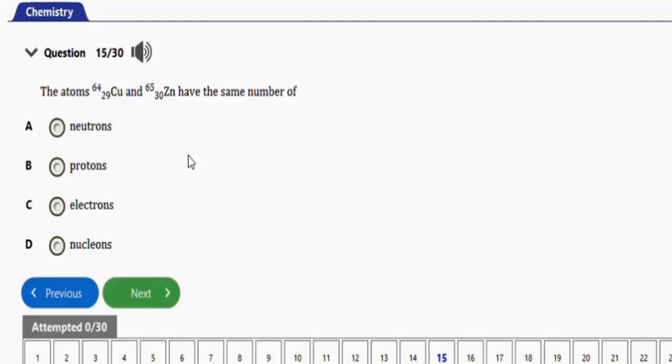Because when you subtract 30 from 65, you're going to have 35, and when you subtract 29 from 64, you're going to have 35 as well. So you have the same number of neutrons. That's the right option. The next question will be this one.